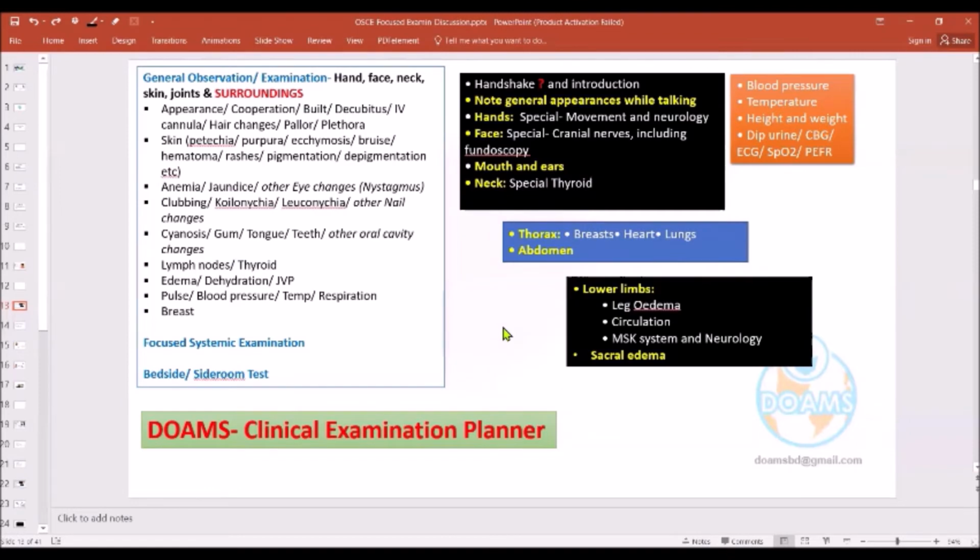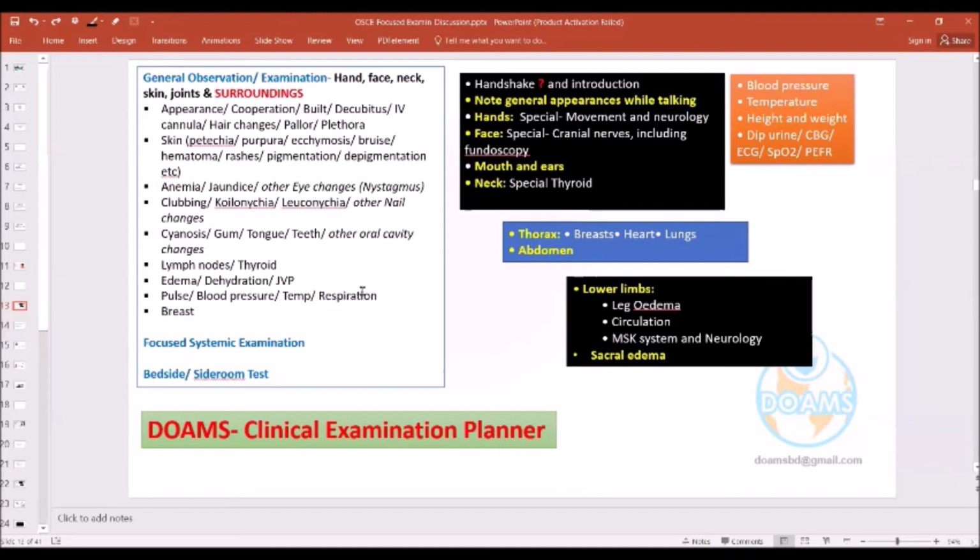Then come to the lower limb. Dr. Manal, lower limb. Already leg edema. If you didn't see it, you see it now. And then the status of the circulation, arterial palpation and others. Circulation is not much important in the thyroid case already, because you have seen in the hand the pulse and rhythm.